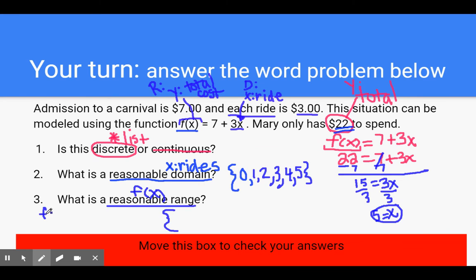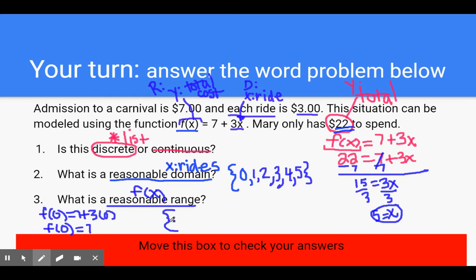So if I want to plug in f of 0 equals, I'm going to put 0 for x. 7 plus 3 times 0. So 3 times 0 is 0. That leaves me with just 7. So f of 0 equals 7.